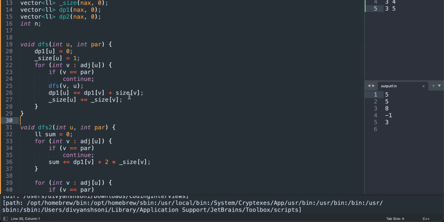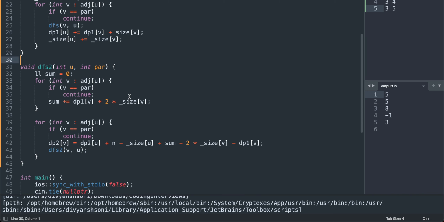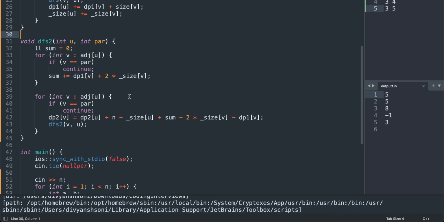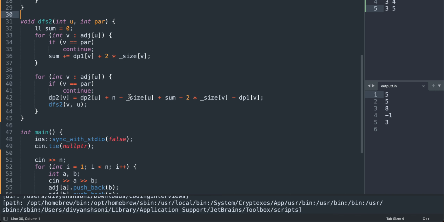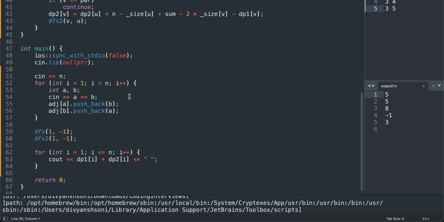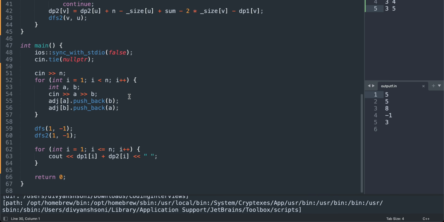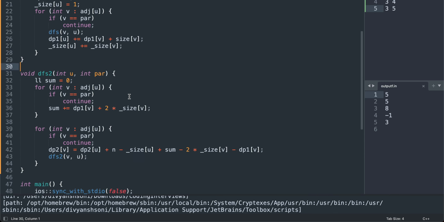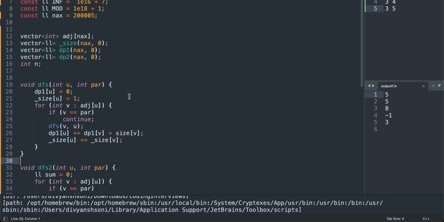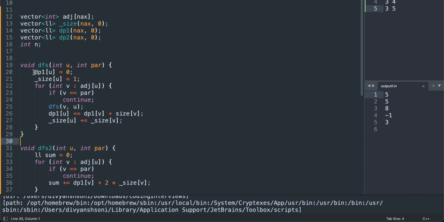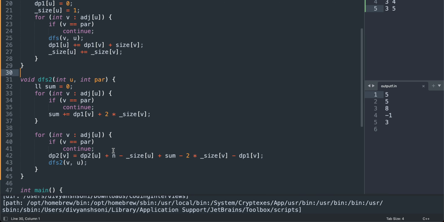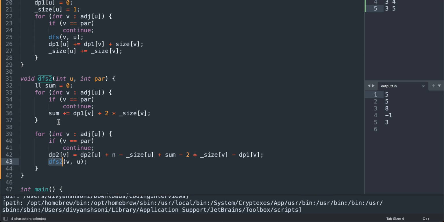Unresolved overloaded function. How many DFSs are there?